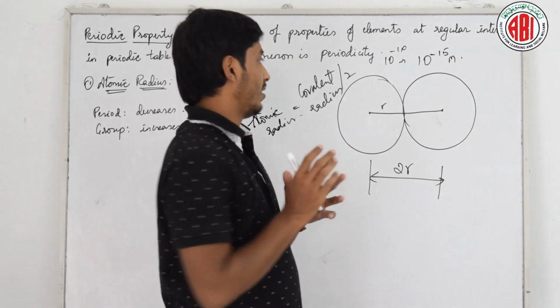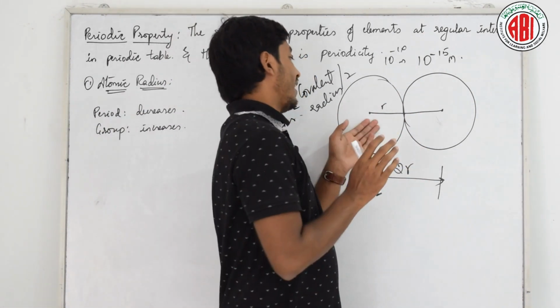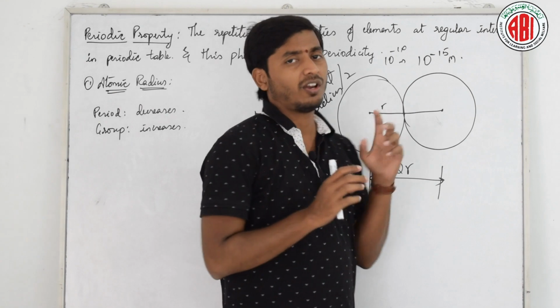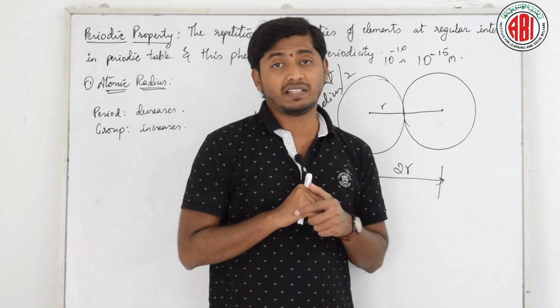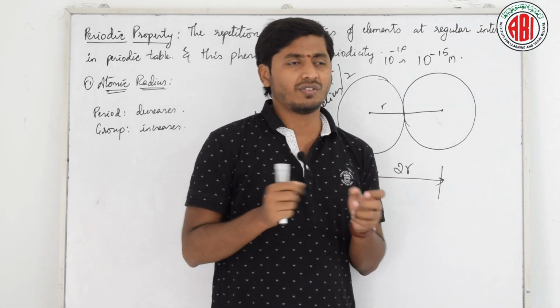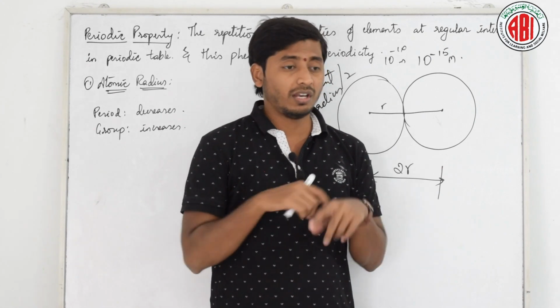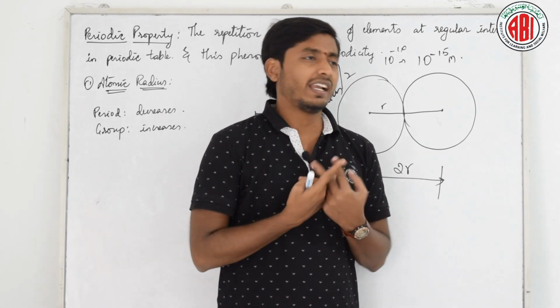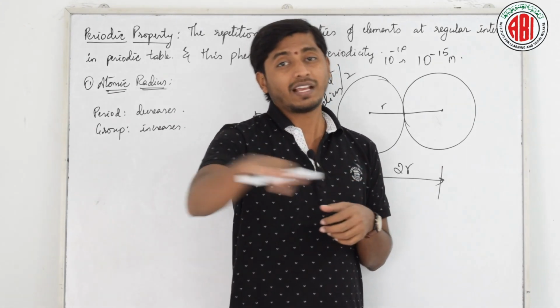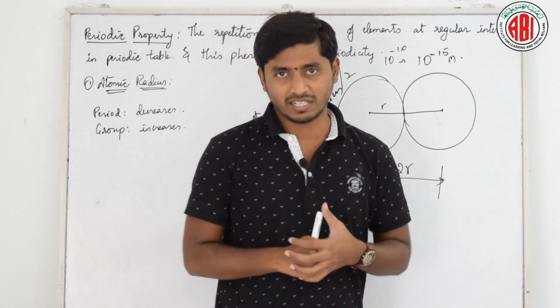And one more thing, don't forget that the spherical shape of an orbital or an atom may not be fixed. It will be changing, not only in terms of a spherical shape, it can vary to form an elliptical kind of shape based on the nuclear charge.